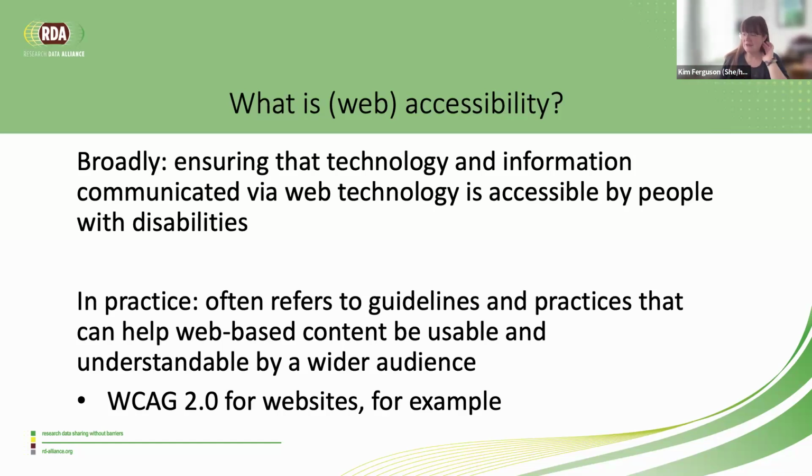So broadly, web accessibility is ensuring that technology and the information communicated by web technology is accessible by people with disabilities. So that's things that exist like websites, web-native or web-based documents such as Word documents or Google documents, slide decks, Excel spreadsheets that everyone hates, email, any type of communication.